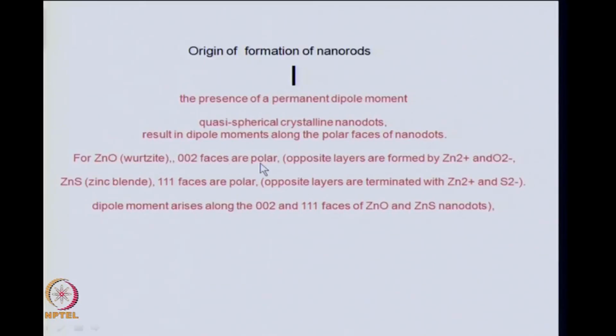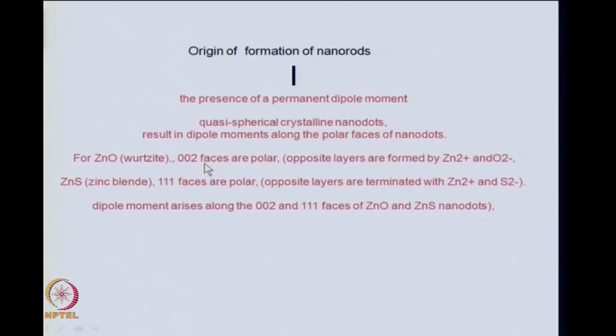are polar faces, that means they have some polarity, and two opposing 002 faces have zinc 2 plus ions on one surface and oxide 2 minus ions on the other surface. So, one surface of the 002 is positive and the opposite 002 face is negative.